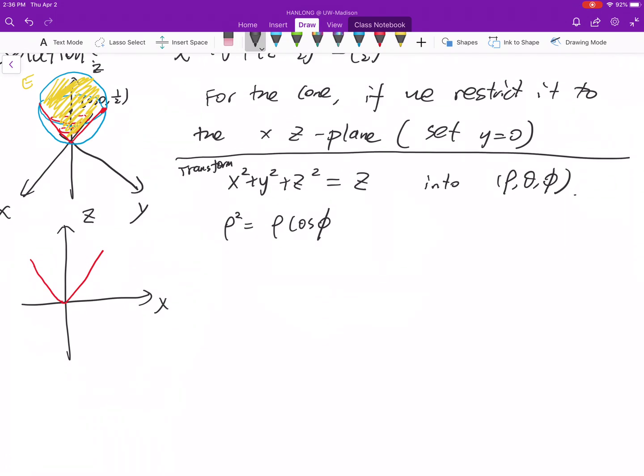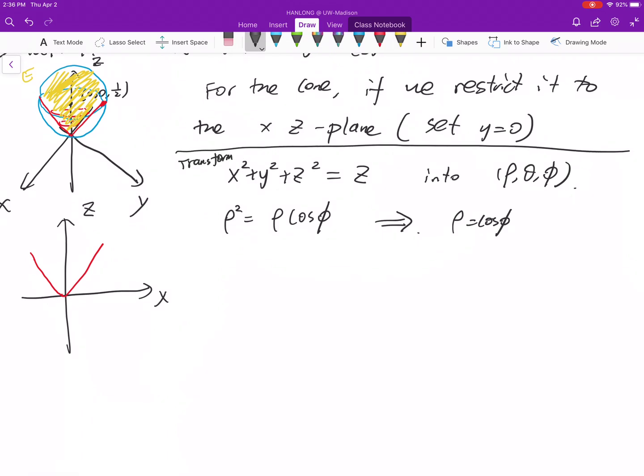Therefore the boundary is rho equals cosine phi. Because it's inside the ball, inside the blue part means rho is between 0 and cosine phi.